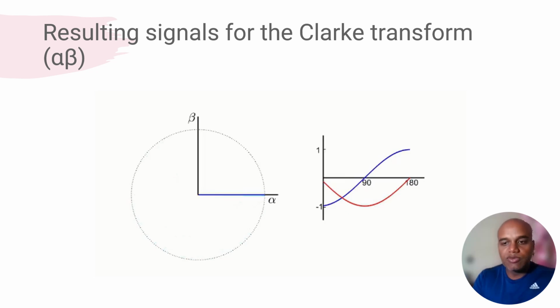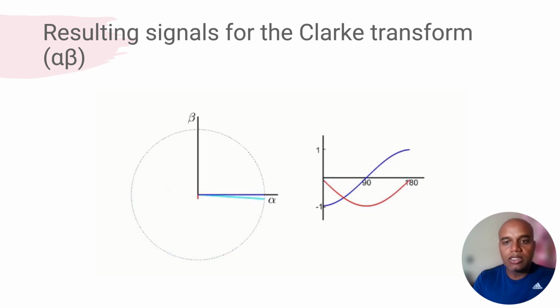The same reference frame we just saw is converted into the two-phase alpha and beta reference frame. The blue line shows the alpha frame and the red line shows the beta frame, and their amplitudes change continuously, and the sky blue line is the arbitrary vector which is rotating.